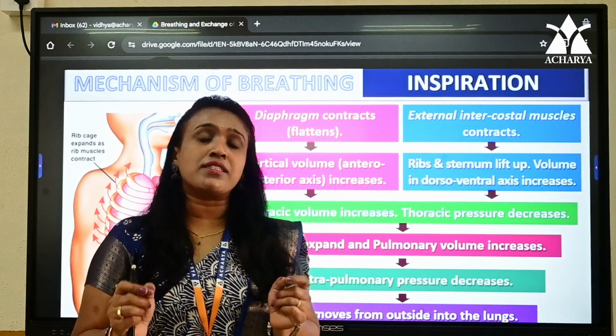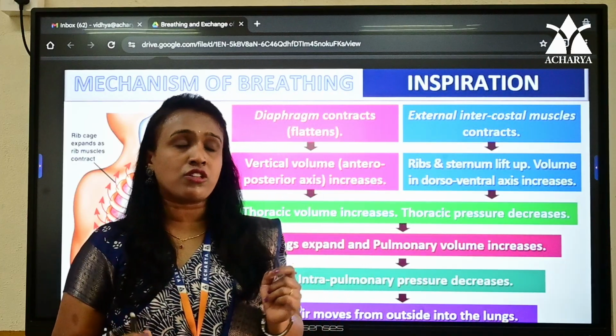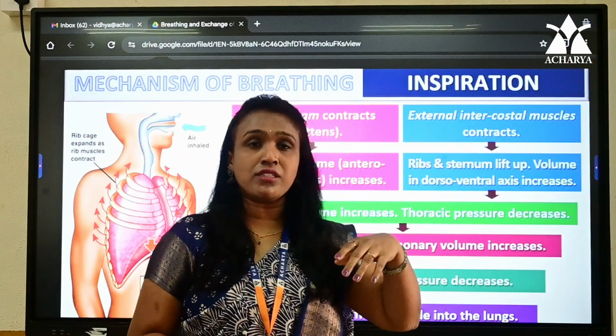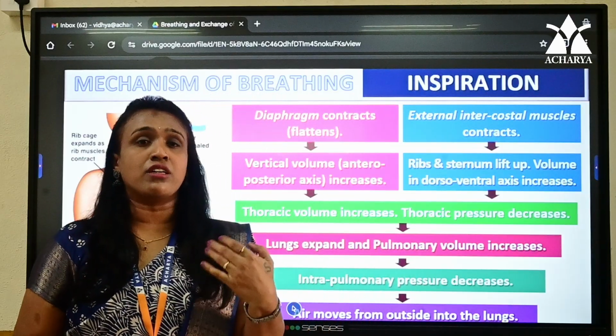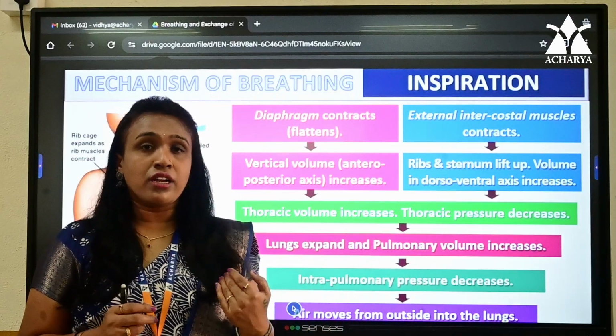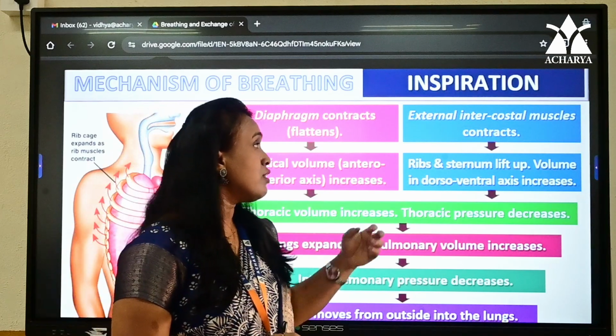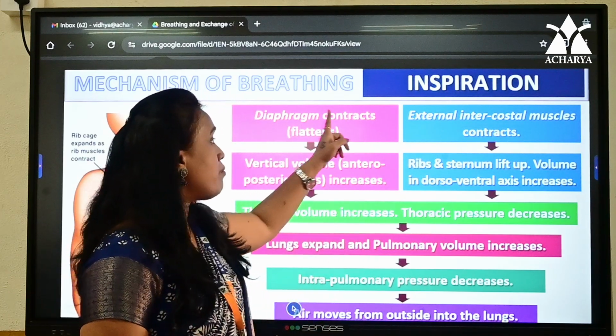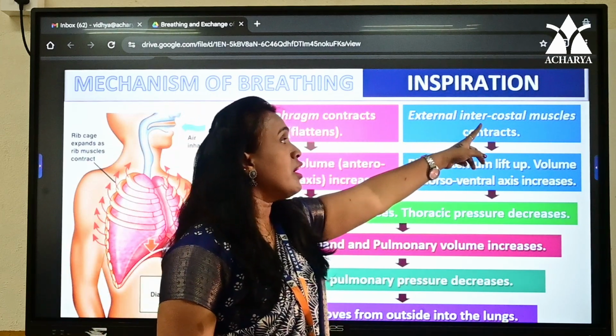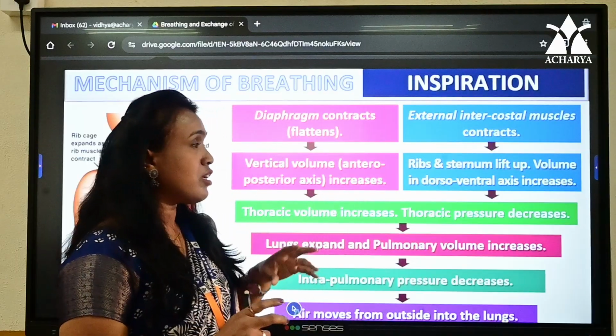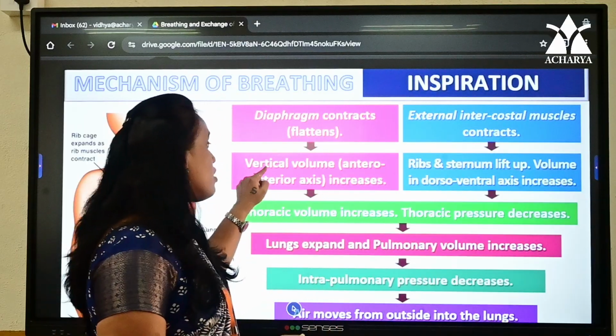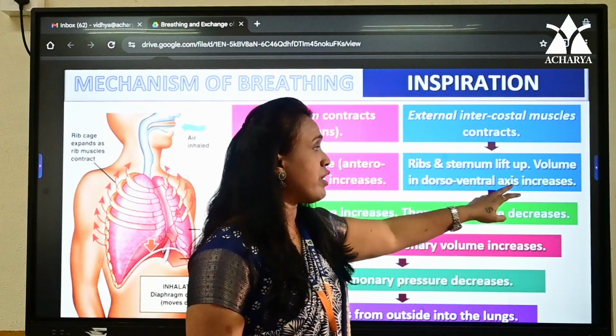The intercostal muscles present on the outer surface are called external intercostal muscles, and the ones present inner towards the lungs are called internal intercostal muscles. So the contraction of the diaphragm and the contraction of external intercostal muscles will bring changes in 2 axes: one is the vertical volume and the other is the dorsoventral axis.